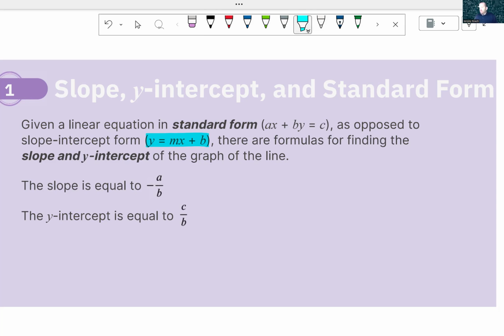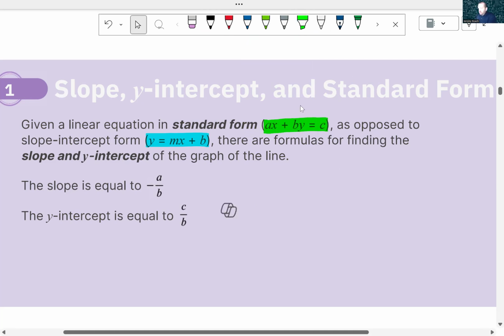Sometimes our equations are written in standard form, like this, where we have something x plus something y equals a number. Here it's just telling us the shortcut for slope is equal to negative a over b. Let's take a look at why that is.